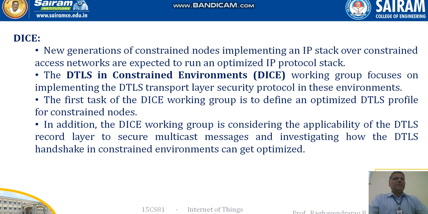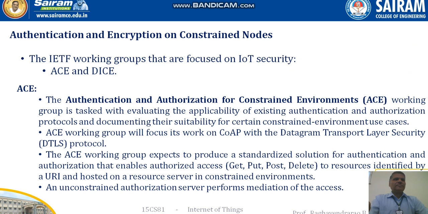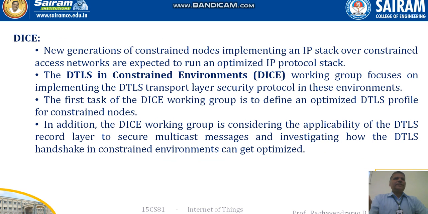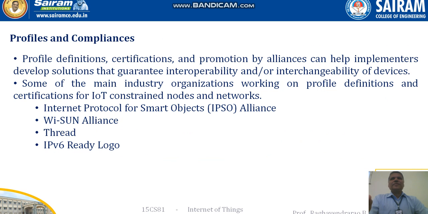It is a very simple concept. DICE works on handshaking signals where the IP is going to be there. Then ACE works on non-handshaking signals, that is the datagram protocols.